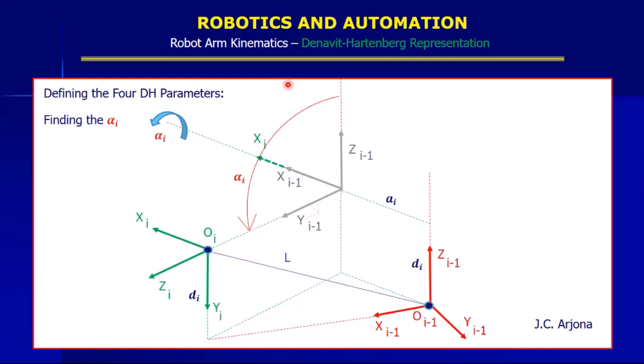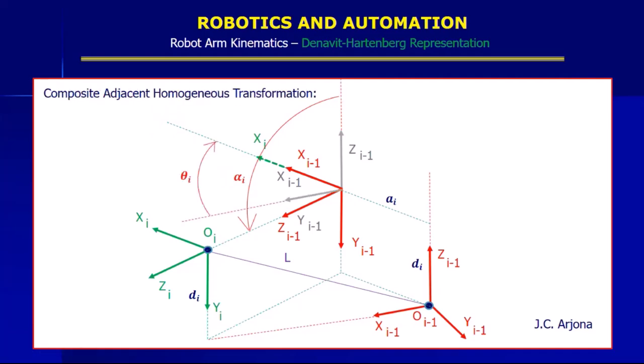And then after we apply rotation, this is the result of rotation where your zi minus 1 is approaching the zi axis. So this is now the current position of the previous frame. So here we will be able to determine the alpha I. So here is the alpha I, this one.